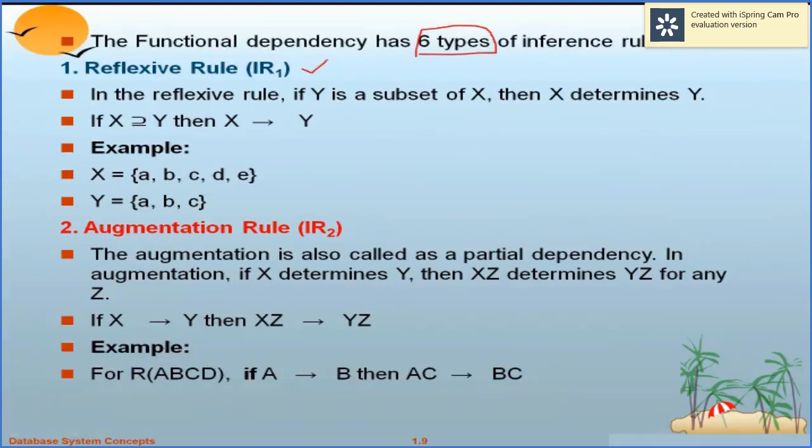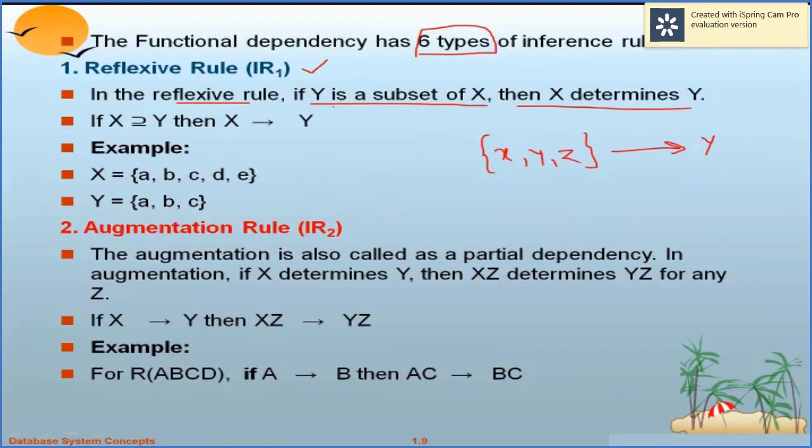So what is meant by the reflexive rule? In a reflexive rule, if y is a subset of x, then x determines y. Obviously this was studied just now. So when you have the right hand side component of a functional dependency as a part of x, for example, assume I have y over here and my left hand side components are x, y and z.